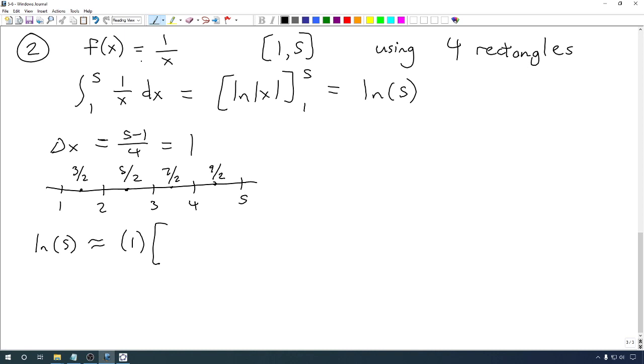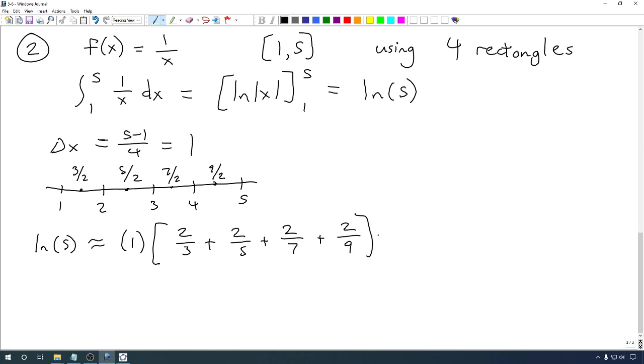So 3 halves plugged in is actually 2/3, because all it does is reciprocate our fractions. That's why I wanted to leave them as fractions in the first place. Then we plug in 5 halves, and we reciprocate that to 2/5. 7 halves reciprocates to 2/7. And then finally 9 halves reciprocates to 2/9.